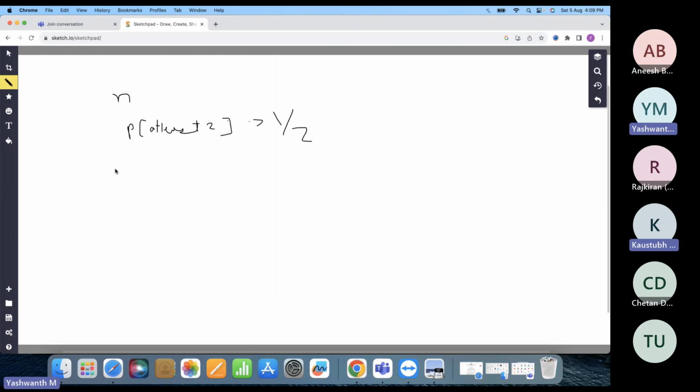So here we can think of it like one minus the probability that none of them share a birthday month. So what is the probability? How many total outcomes do you have? There are n persons and there are 12 months.